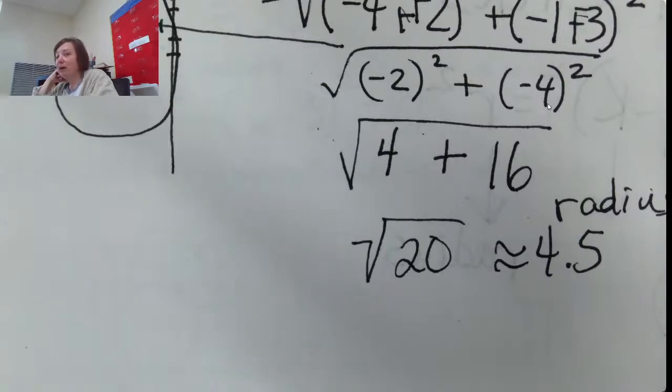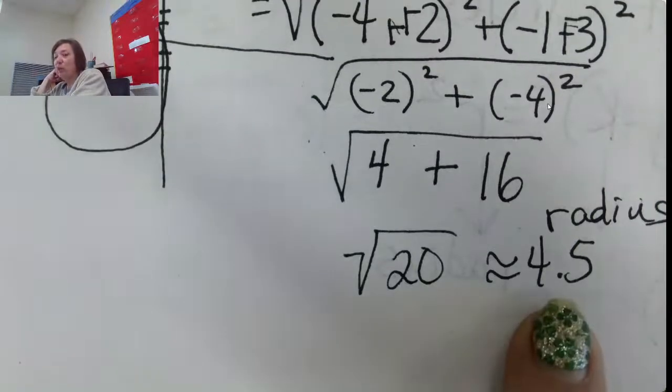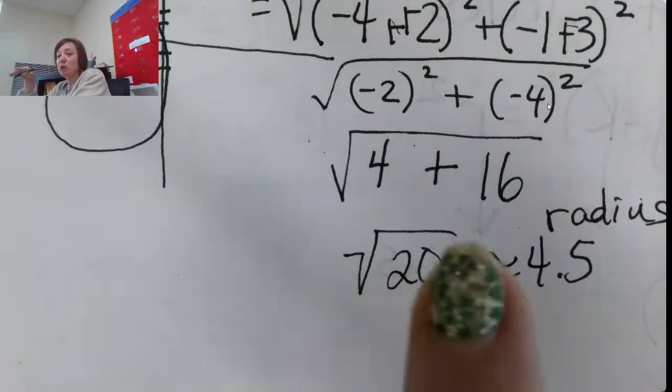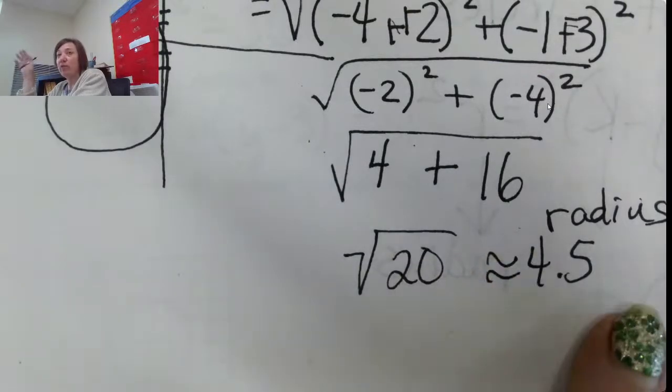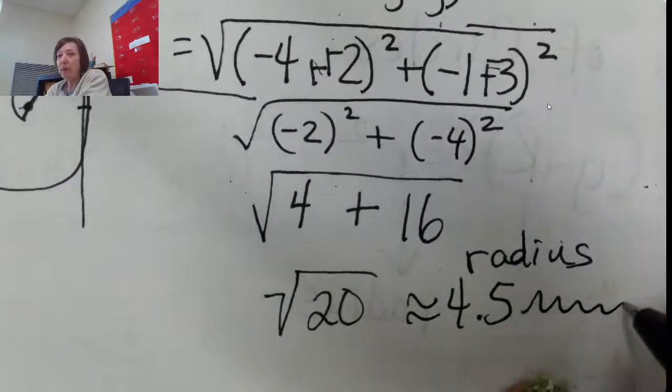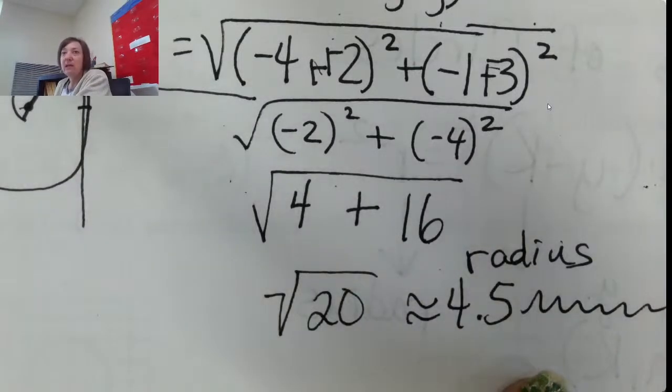We have to square it. So if you take that number that you haven't done anything to, you took the square root of 20 and you got that number that's 4.5, whatever it is, right? And you square that number, what do you get? Nope, square the one that's not rounded.